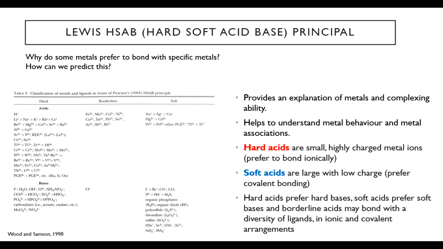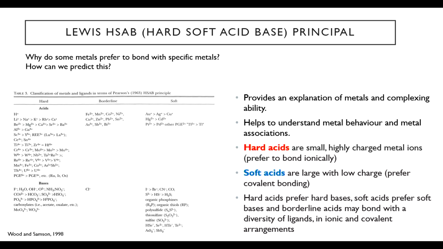Gold is commonly carried in the hydrogen sulfide, and this is in part why processing of gold involves cyanide, things like this, because that actually helps to break down those bonds. So that's the broad principle, and there's borderline somewhere in between.